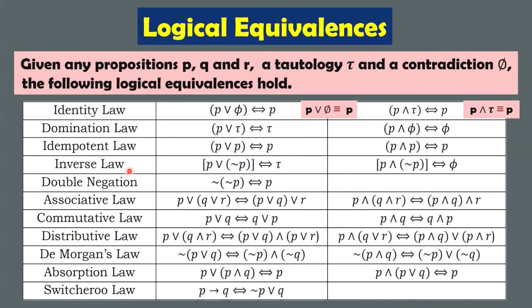Inverse law, ano lang yan, using the connector or at saka and, i-connect nyo lang yung original proposition sa negation niya. Ito, this is the original proposition. Ito yung negation niya. So it's like P union, yung negation, P complement.